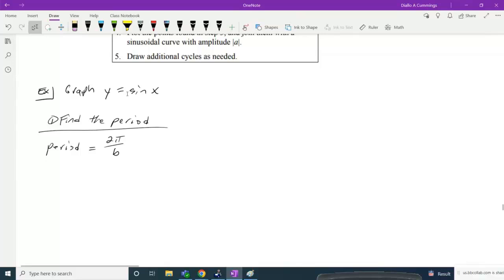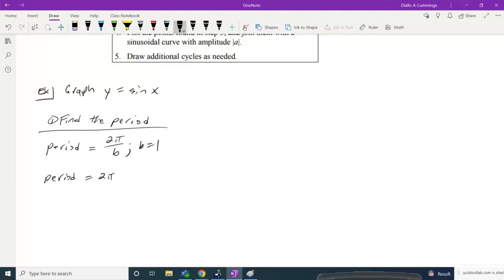All trig functions must have a coefficient, and this one has an understood coefficient of 1. And b is the coefficient of your variable x, which is also an understood 1. So in this formula, I'm just going to substitute b for 1. So the period is 2 pi.